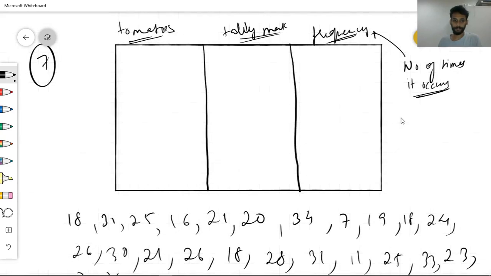In the question the grouping will be given, or just take the multiples of 2 or 10 if it is not given, but here it is given, so we will take it like this: 0 to 4, then 5 to 9, then 10 to 14, then 15 to 19.